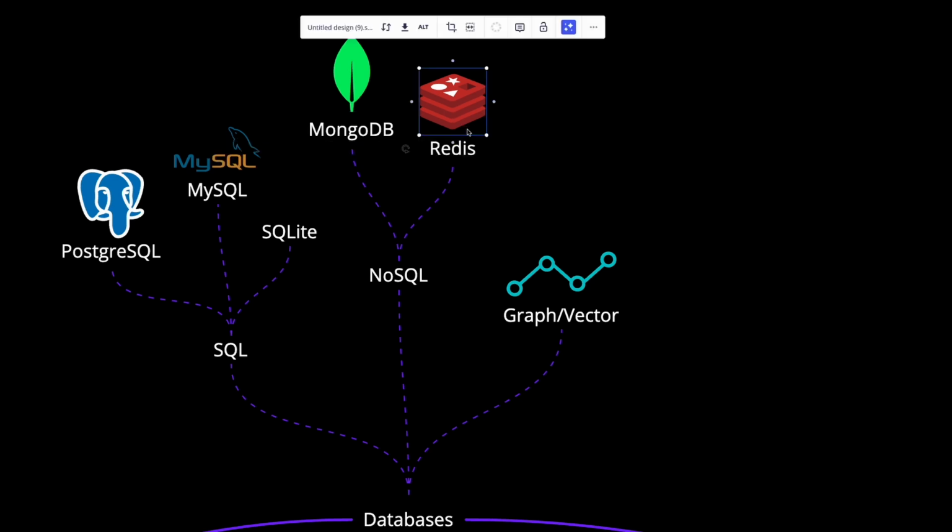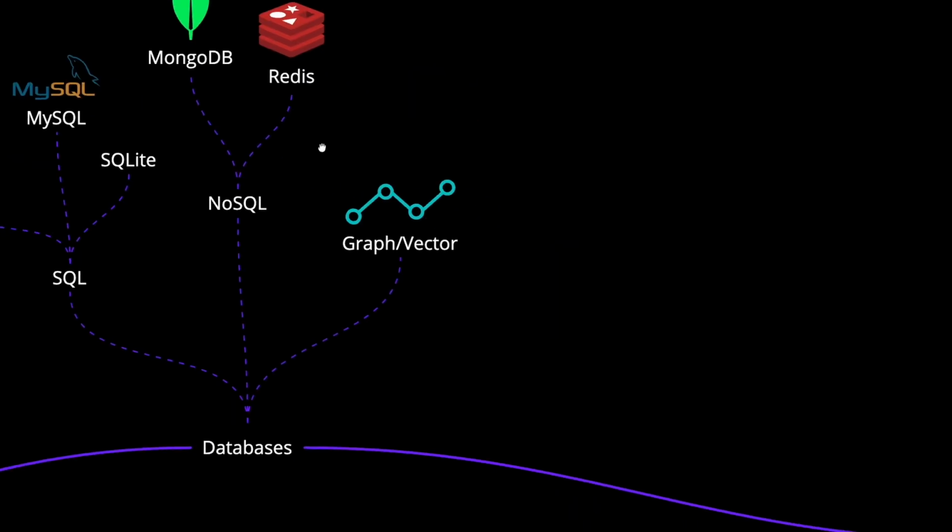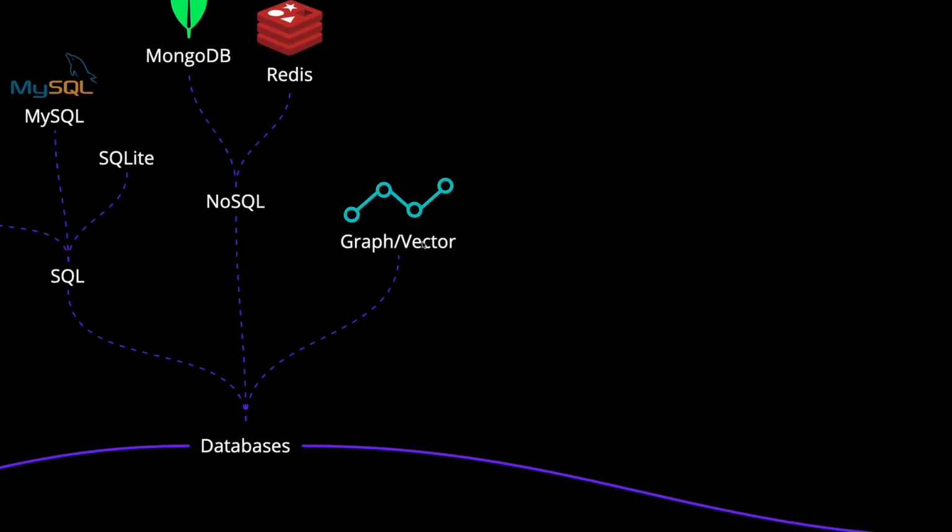And Redis is an in-memory key-value store known for its speed and often used for caching because it's in RAM and it's very fast to access. We also have graph and vector databases. These are used typically in very specific cases because they are specialized databases optimized for queries that involve traversing relationships like social networks or recommendation engines.